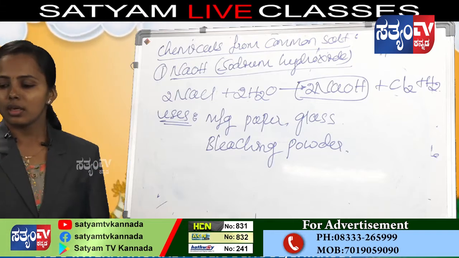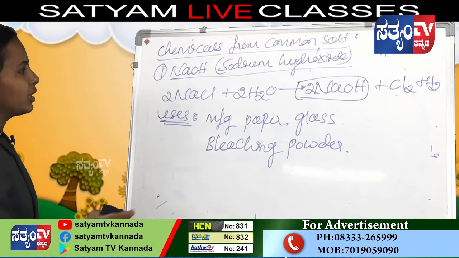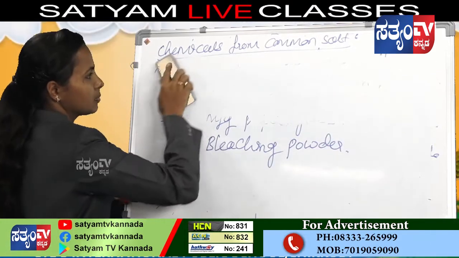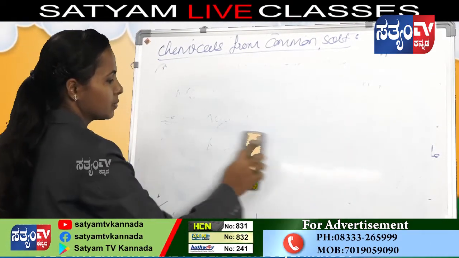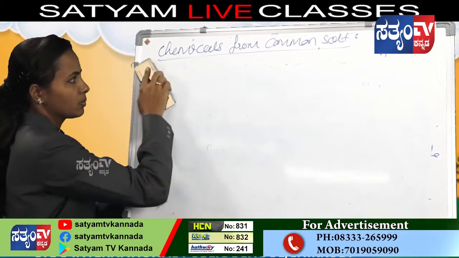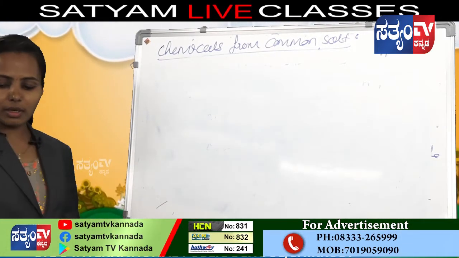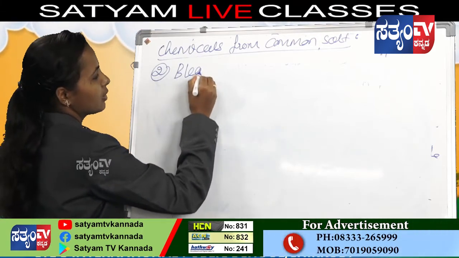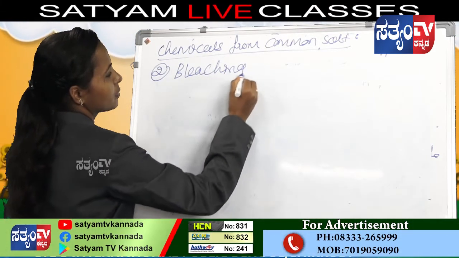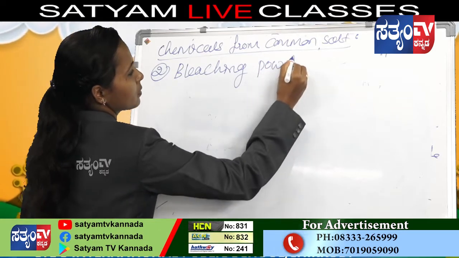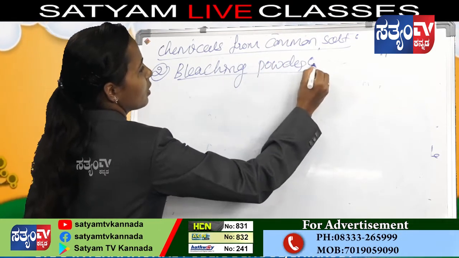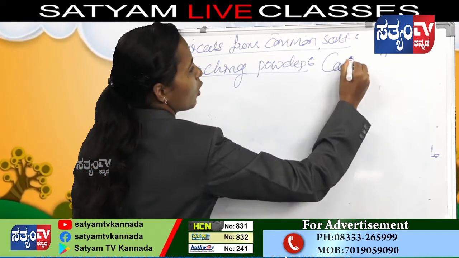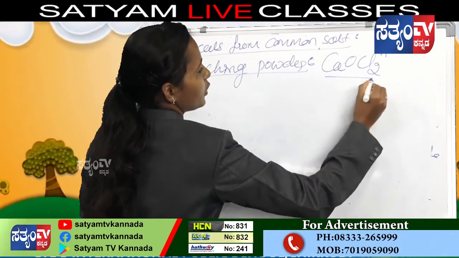And the second chemical is bleaching powder. The chemical formula of this bleaching powder is CaOCl2.